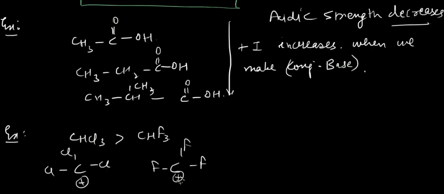It's a conjugate base, so I should write a minus sign here. Okay, so in this case d orbital resonance can take place between C and Cl because it is having vacant d orbital, which is not the case in this compound. Hence acidic strength is greater for this compound.